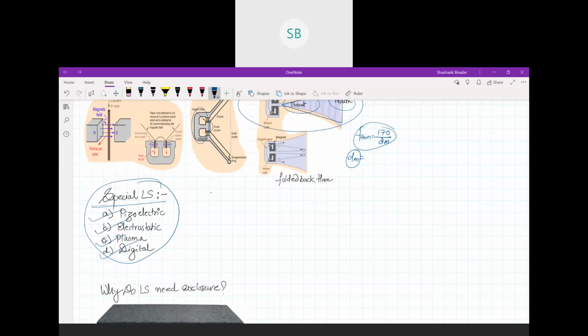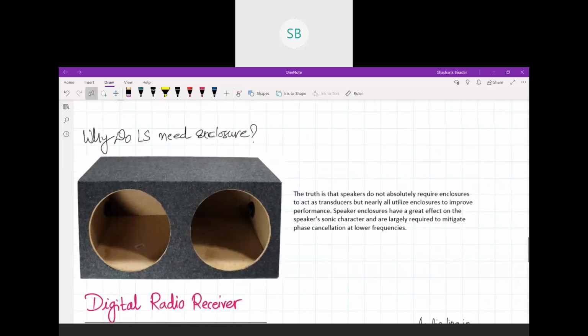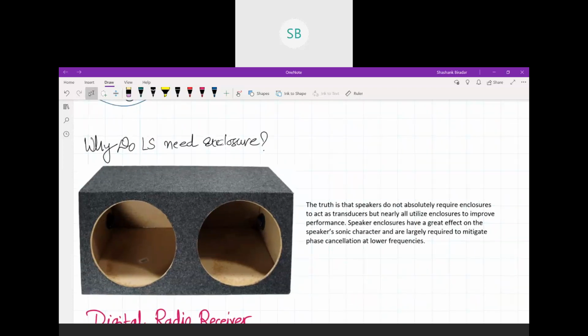Then coming to the next important concept: why do we need baffles and enclosures? Here you can see a type of enclosure. So why do loudspeakers need an enclosure?